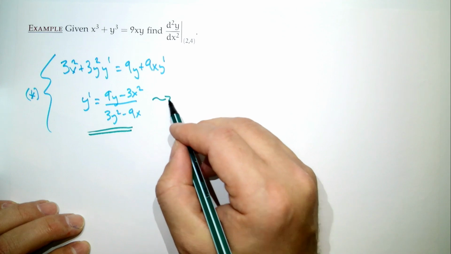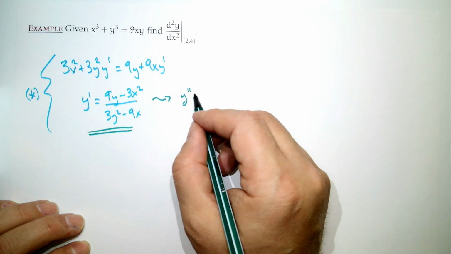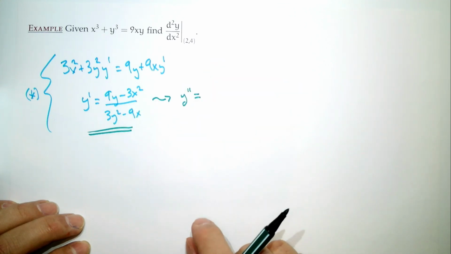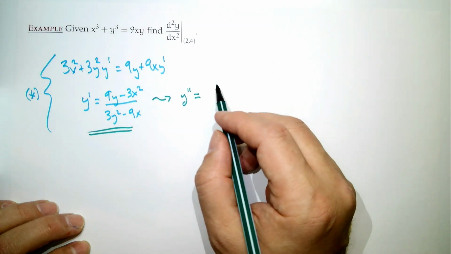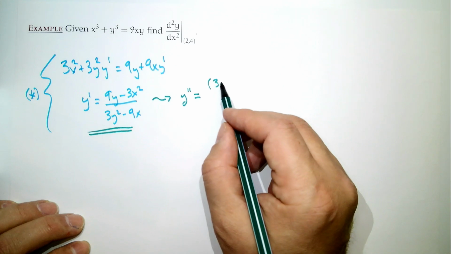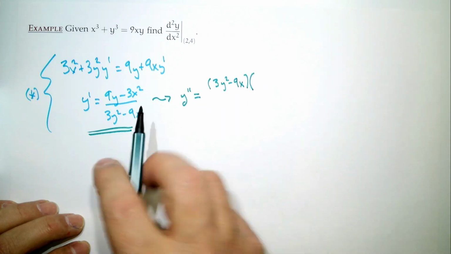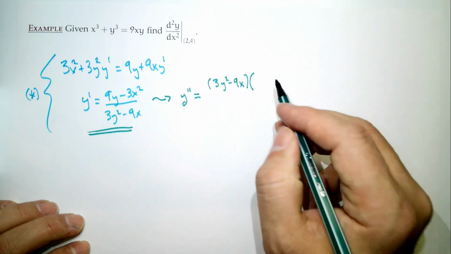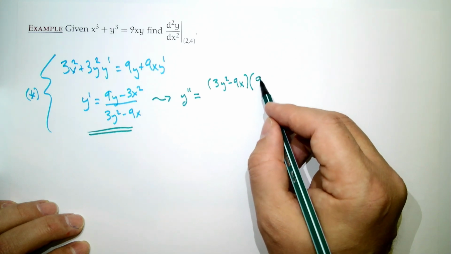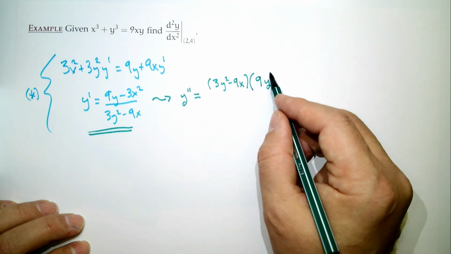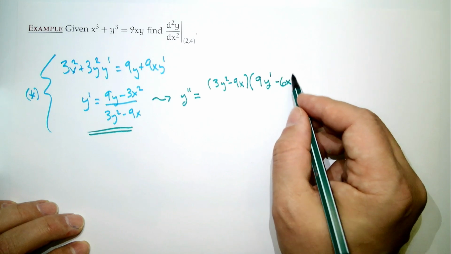So we could say, aha, y double prime is equal to, what rule do you need for this side? Quotient rule. Good times. So the quotient rule says take the bottom, 3y squared minus 9x, times the derivative of the top. What's the derivative of 9y minus 3x squared? Nine, derivative of y with respect to x, minus 6x.